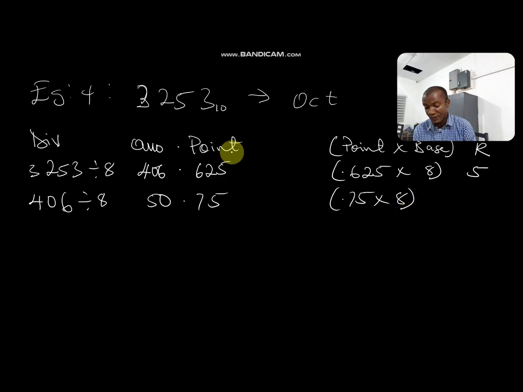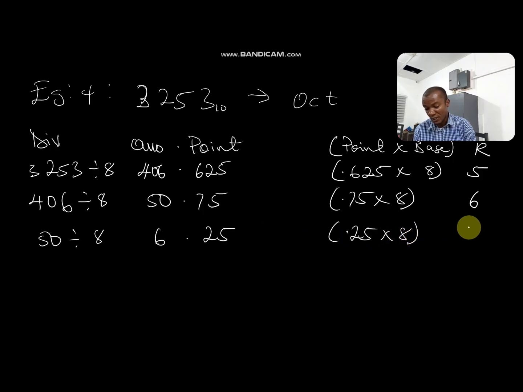So 0.75 times 8, I'll get a remainder of 6. Now I bring my 50 here, divided by 8. 50 divided by 8 is 6.25. To get my r, 0.25 times the base, which is 8, and this will give me a remainder of 2.